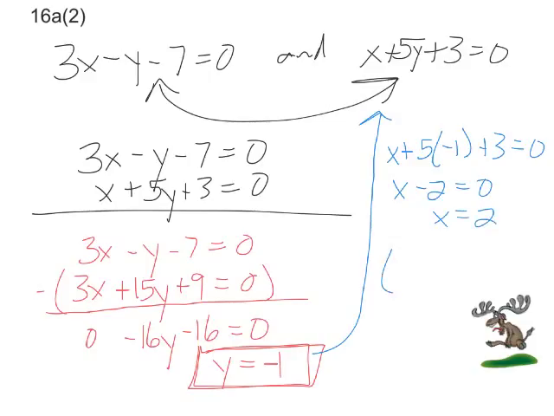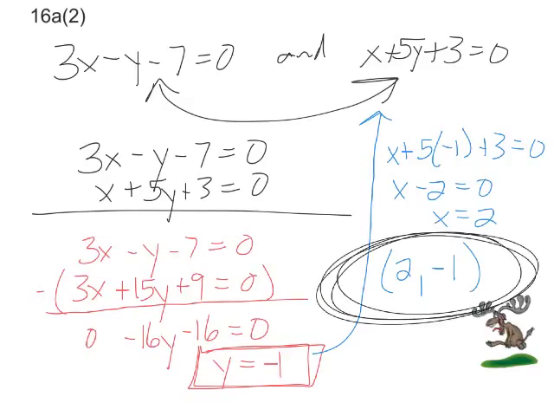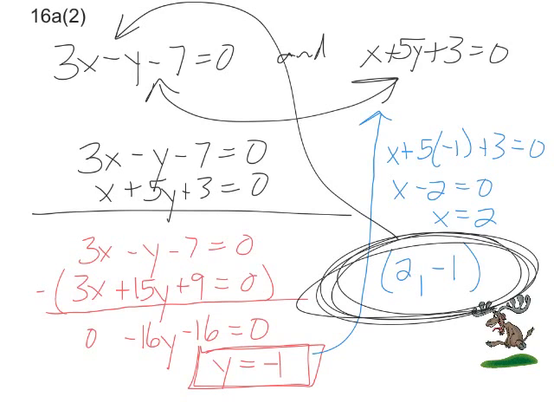So our intersection point occurs at (2, negative 1). And just to be safe, we will check our answer by substituting it into this equation. So 3 times 2 is 6, minus negative 1 is 7, 7 minus 7 is 0. So that works out.